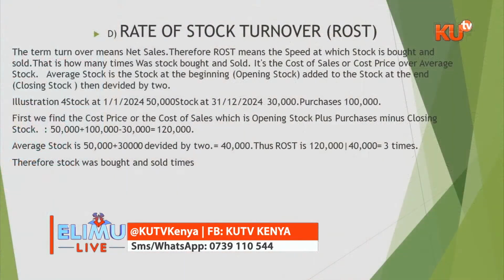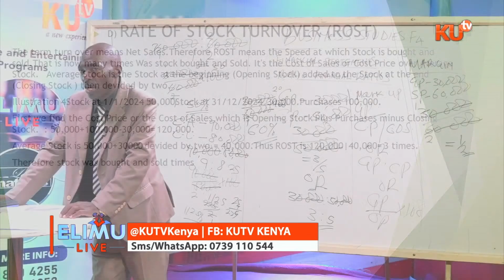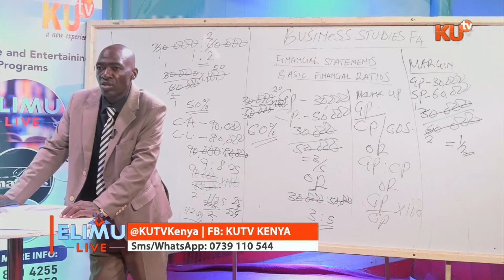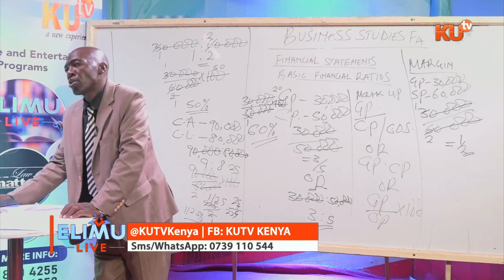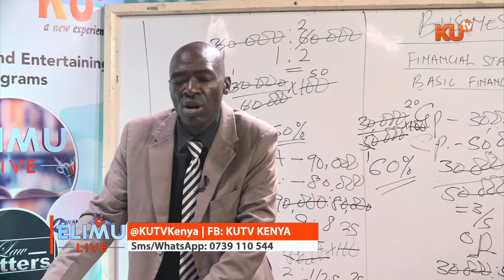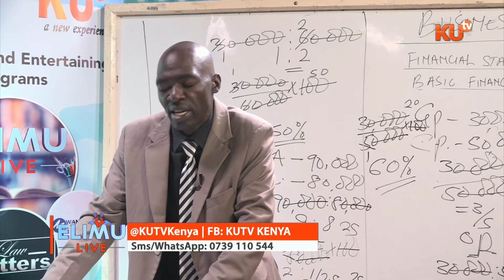Cost of sales is calculated as opening stock plus purchases minus closing stock. And then average stock is calculated as opening stock plus closing stock divided by 2.